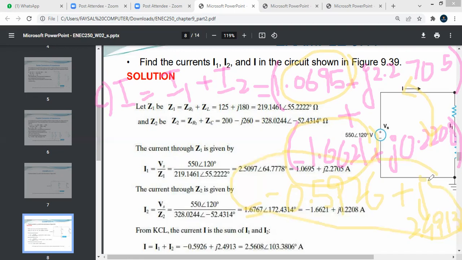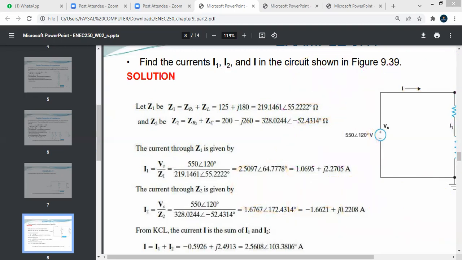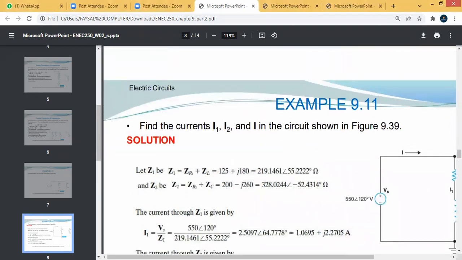Yes. Okay. So this is basically the impedance formula, finding the value of current, the value of voltage, V root mean square. We covered today the complete 9.11.